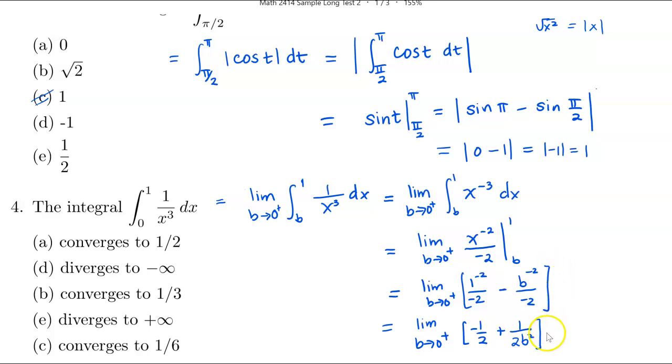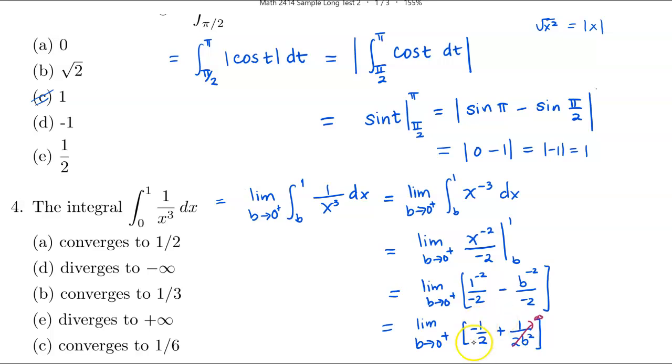Then evaluate the limit. You will have 1 over 0. What is 1 over 0? That is undefined. This goes to infinity.